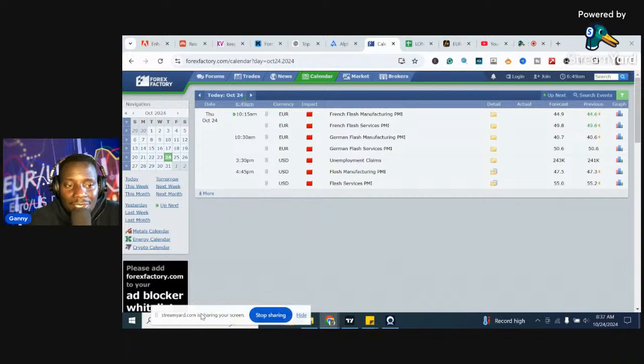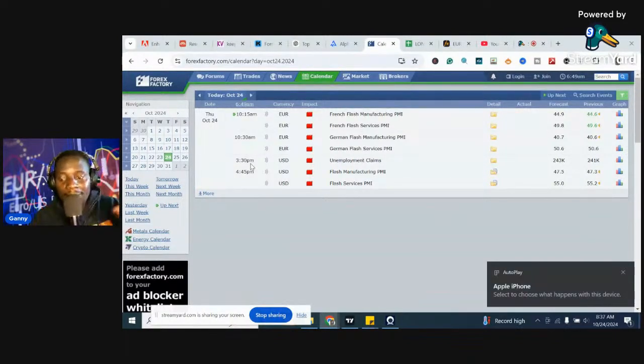So today, which is the 24th October 2024, Thursday, what we do have right here is PMI. You can see both on the euro and the United States dollar, there is going to be PMI. We can see a French flash manufacturing PMI, then French flash services PMI, German flash PMI, German services PMI, unemployment claims at 3:30 my local time.